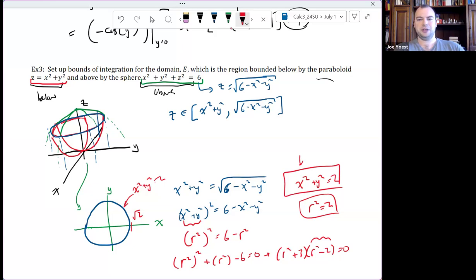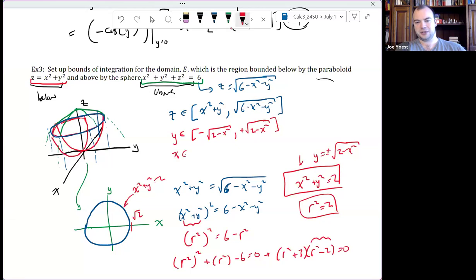So z goes between this lower bound and this upper bound. And then we can say maybe y goes between root 2 minus x squared with a plus or minus. So y goes between minus root 2 minus x squared and plus root 2 minus x squared.